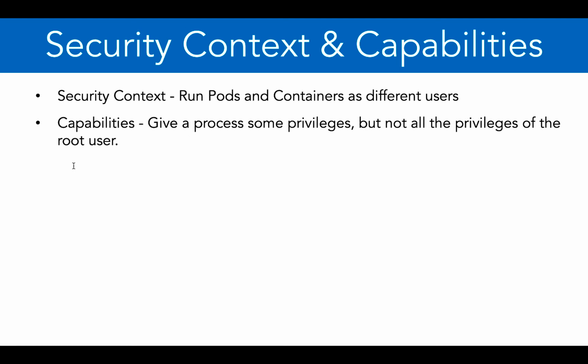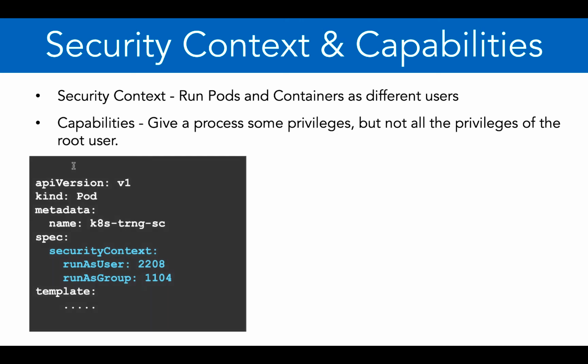Capabilities are used to give a process some privileges, but not all of the root user. So these are the two ways wherein you can control the user ID and its privilege inside of the container.